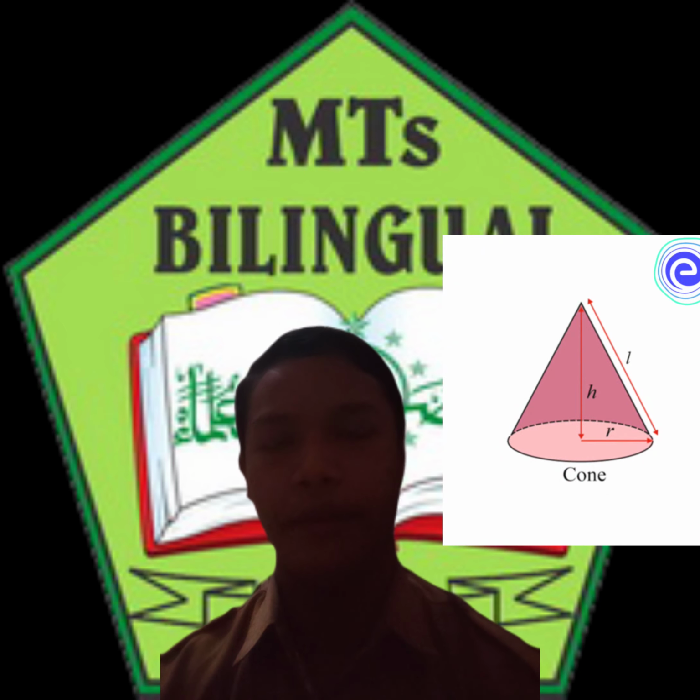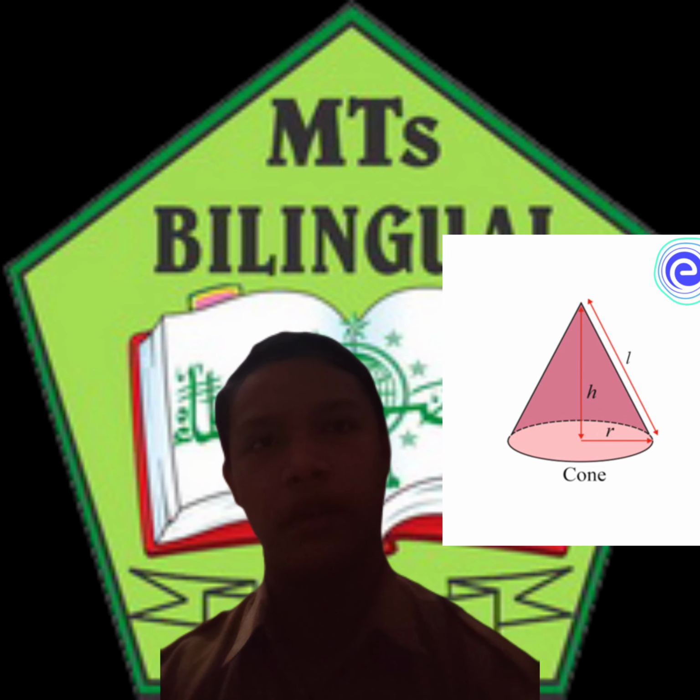Cone has volume pi times r squared times height times 1/3, and it is used to count the inside of the cone. We usually find the shape of a cone in objects, like the cone of ice cream.